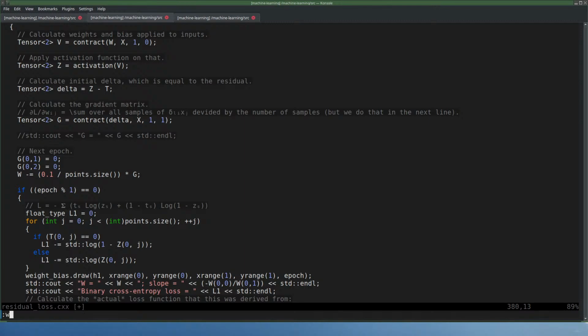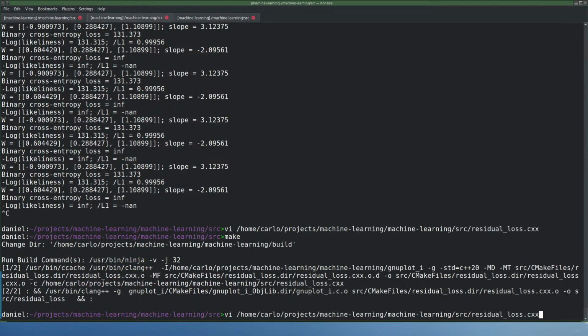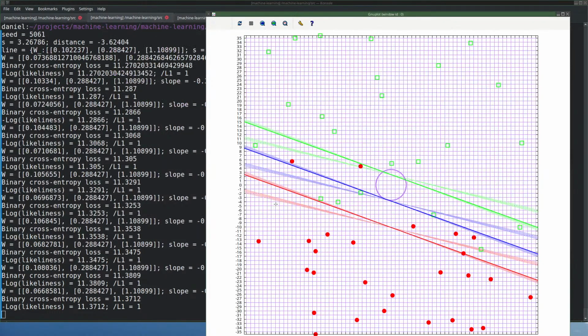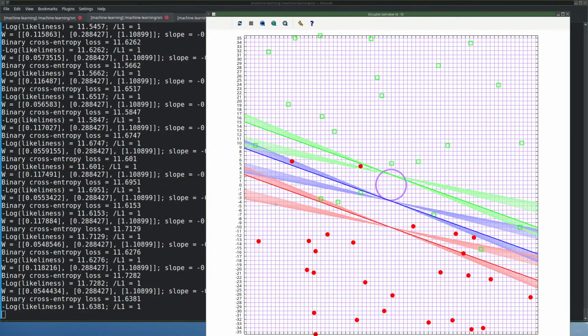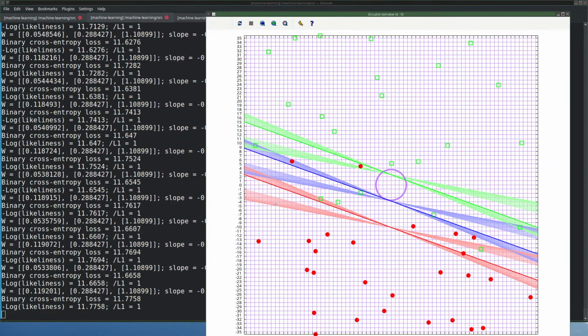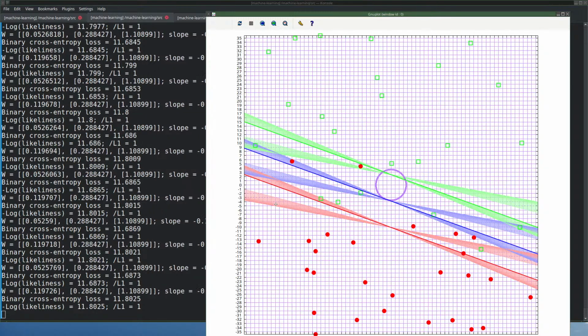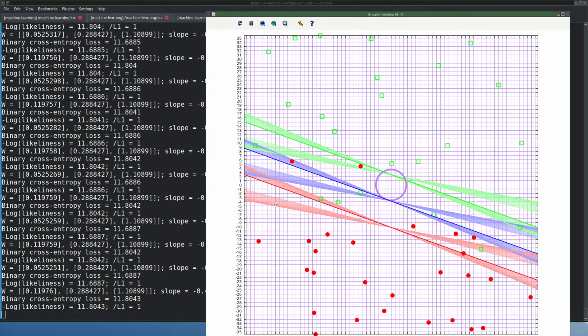See if we go to 0.1, if then it becomes stable. Ooh, even then it's not stable. Not really. Yeah, no, it is.